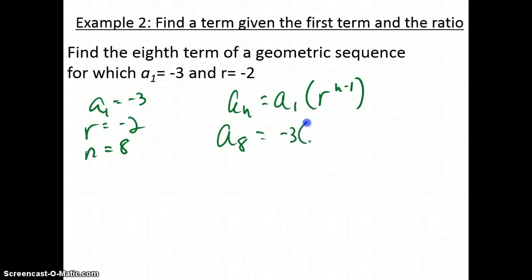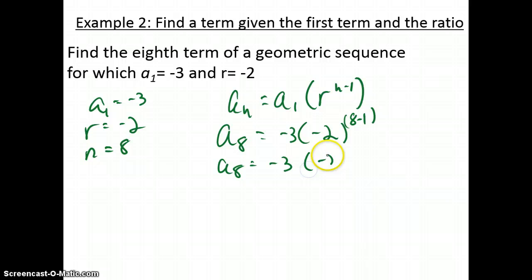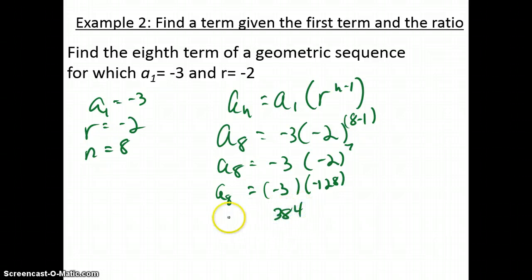A sub 1 was -3, r was -2, and n minus 1, so n should be 8. We take this and solve it out. We have -3 times -2 raised to the 7th power, which is -128. That's times -3. It's a simple plug-in, and now we multiply them, and we get 384.